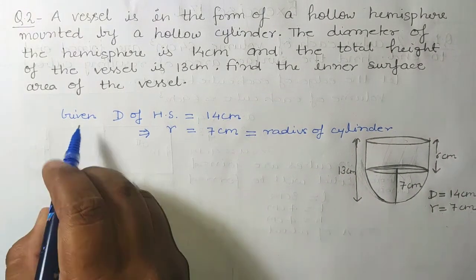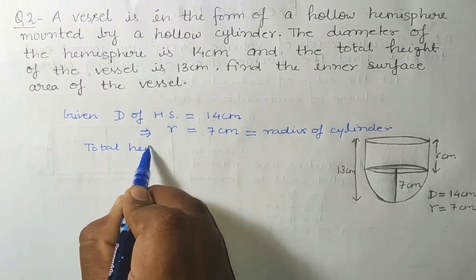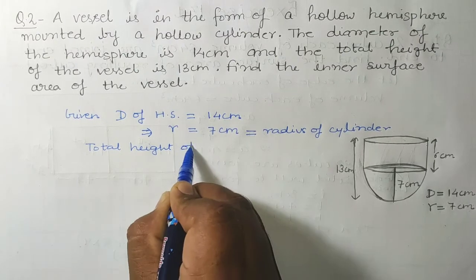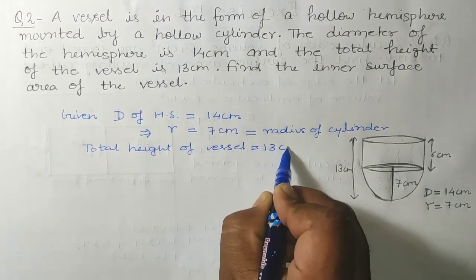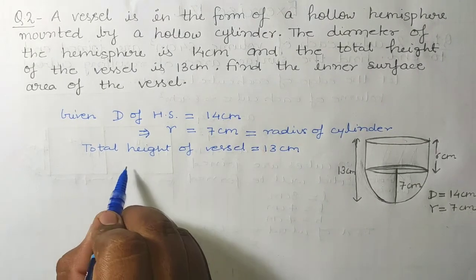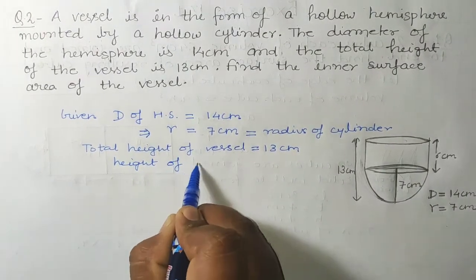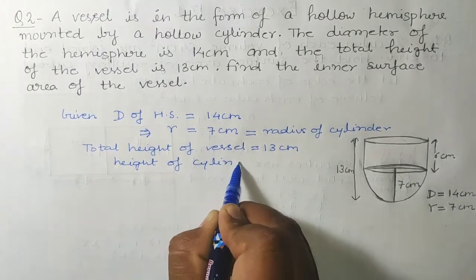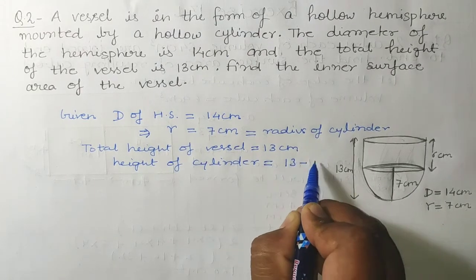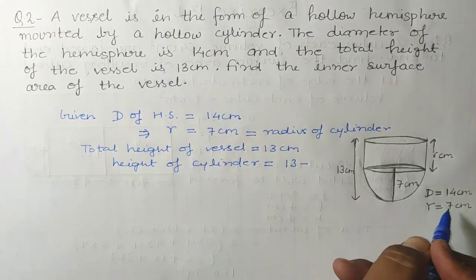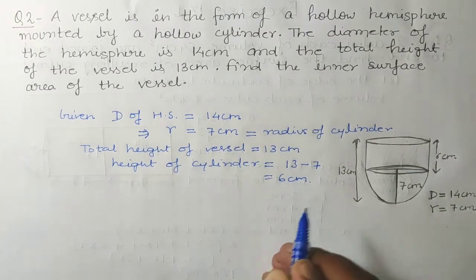Now the total height of the vessel is 13 centimeter. Height of the cylinder will be 13 minus 7, as we have done here, that is 6 centimeter.